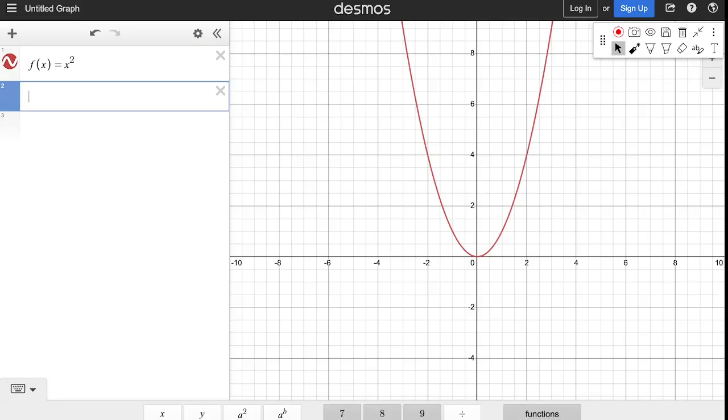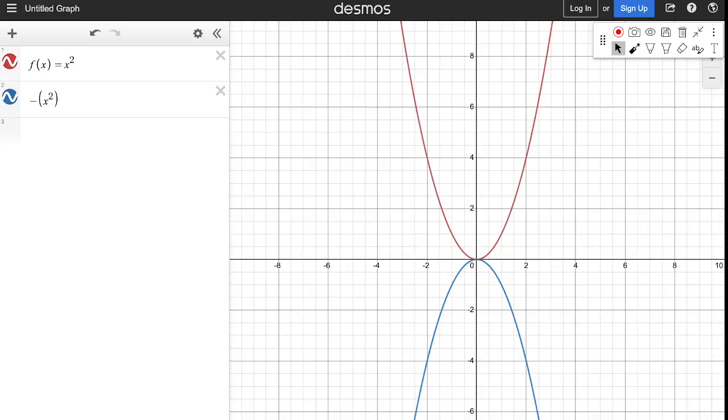Okay, so let's just take our function. We'll put the negative on the outside. Actually, let's do it this way. So that's the negative. I could put parentheses around x squared, and it would emphasize that it's on the outside, and we see exactly that's what's happening.